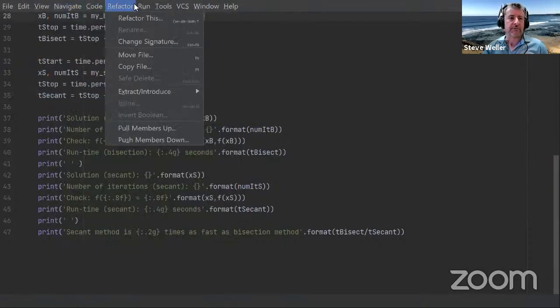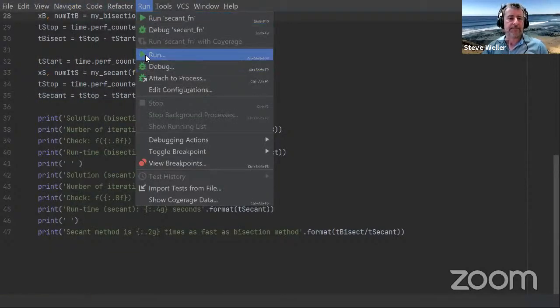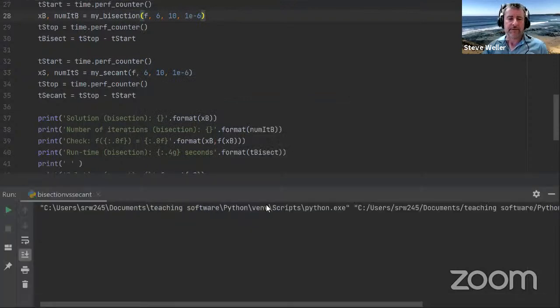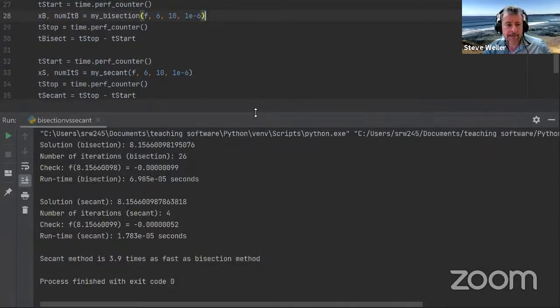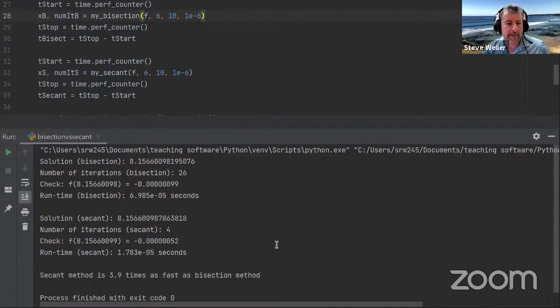So let me show you what the results look like. Here you see we've run the code and we see a couple of things. Both the bisection algorithm and the secant algorithm have computed the same solution, or at least they're the same to about 6 decimal places. That's encouraging. For each of them, we substitute the solution value obtained back into the function, and we get something that's pretty close to 0.